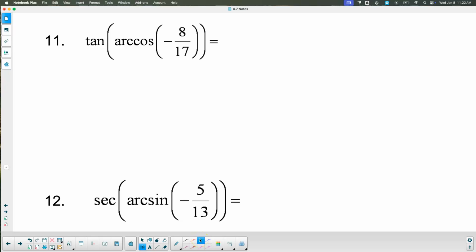Again, I ask the question, where is that one? Which quadrant is that one in now? Quadrant 2. Okay. So now I'm going to make myself a quadrant 2.